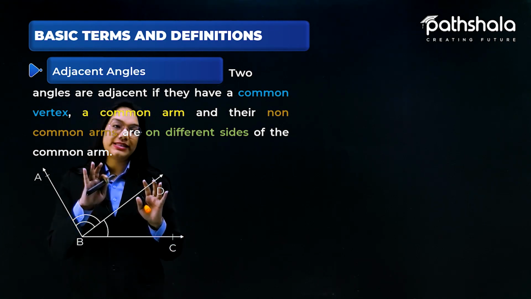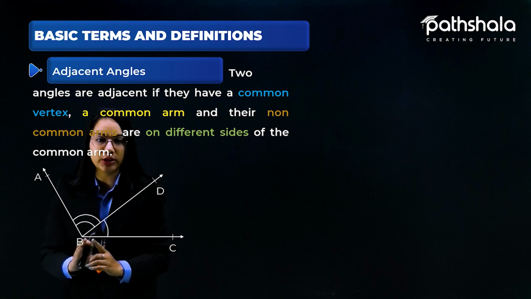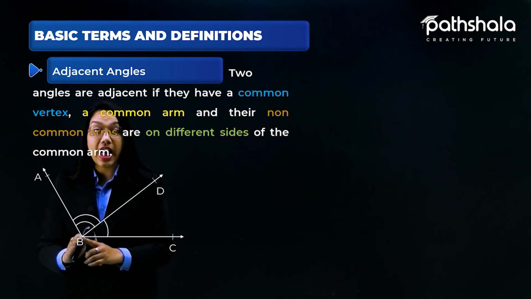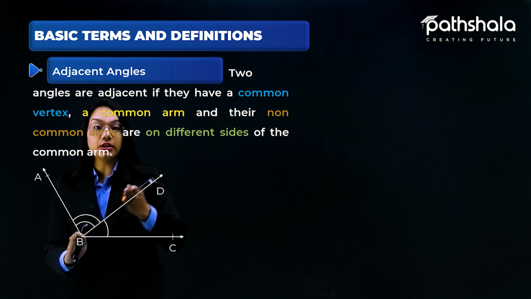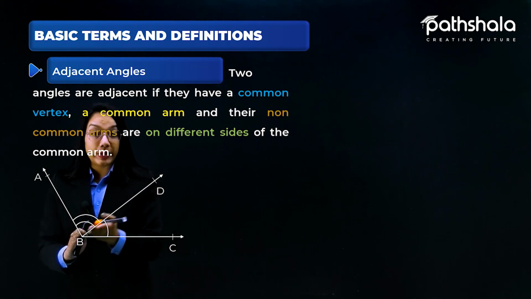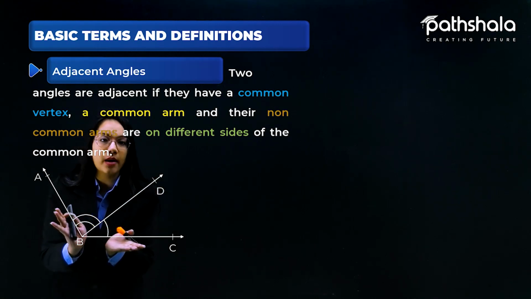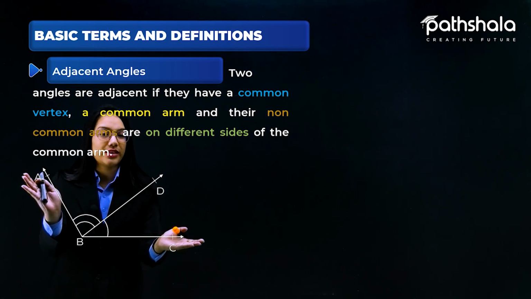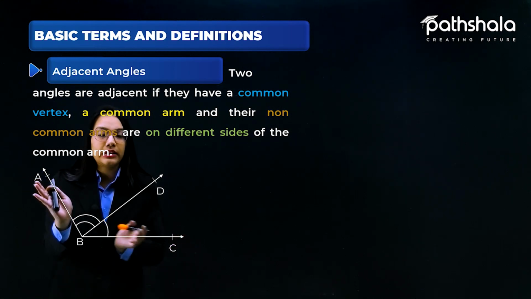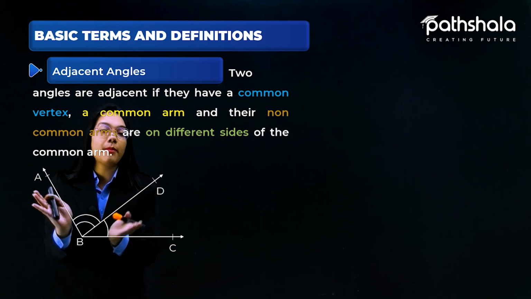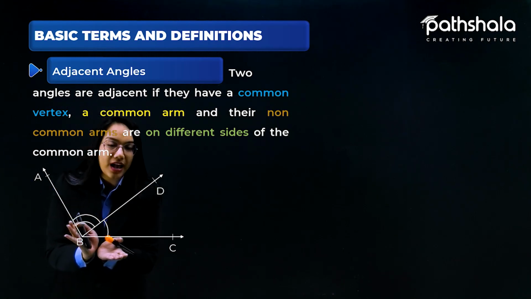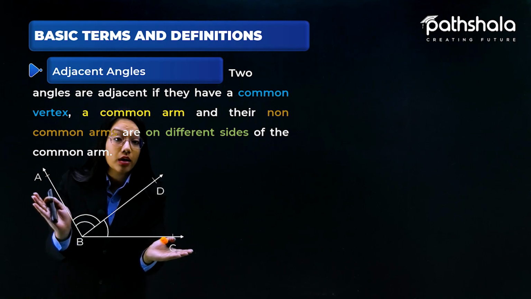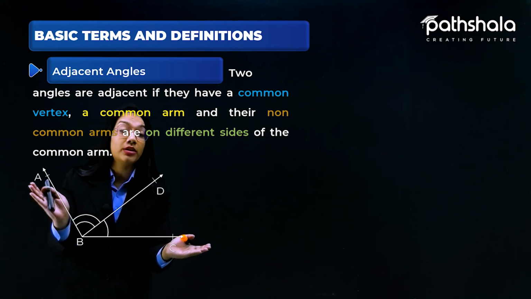Now first of all, you can see over here that they have the common vertex. They have the common arm, and the common arm is BD. Their common arm is BD, and their non-common arms are on the different sides of the common arm. You can see for yourself that BD is their common arm, and BA and BC are the non-common arms that are on different sides of the common arm.